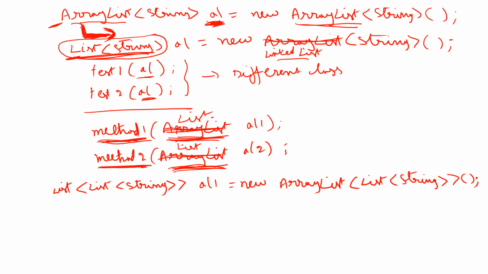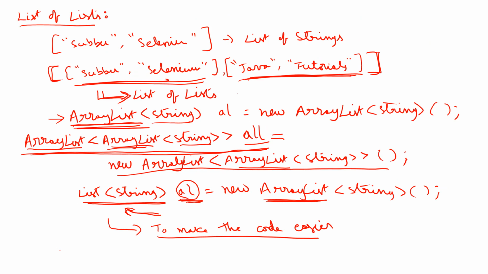So this is what we can do. Instead of writing ArrayList of ArrayList, we will say List of List of String equals new ArrayList. So let's see this one more time.